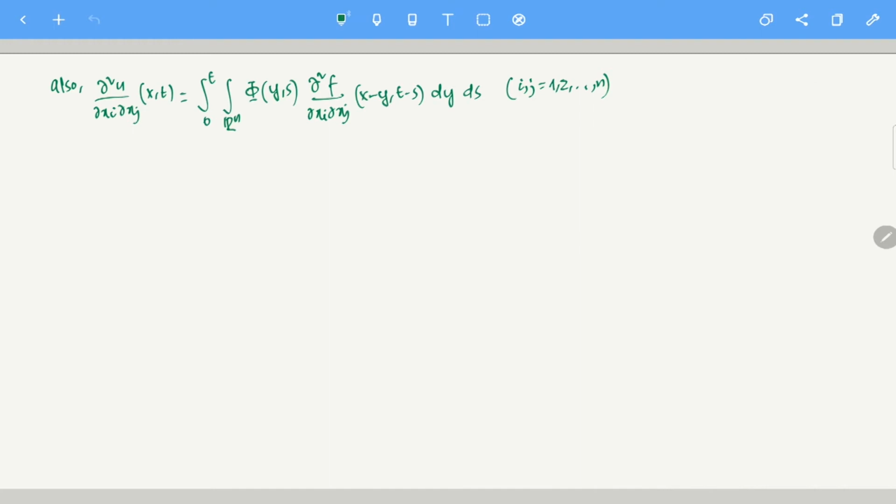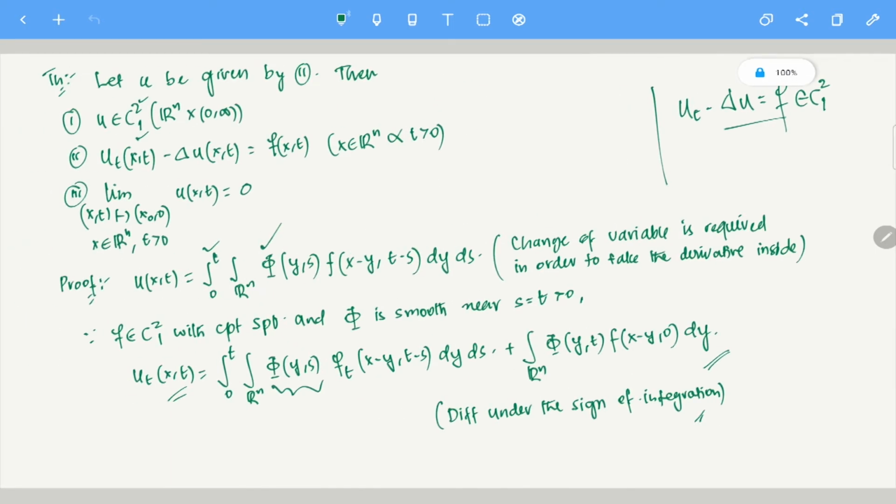Okay, so first thing first, the integral from 0 to t over Rn, that part is always there, and you just push the derivative inside, right? In the case of the second derivative also the same thing happens, with del squared f del x_i del x_j, right? Now we will have a boundary term here. So the derivative in u_{x_i}, if you are going to take, will be with respect to this variable, right? Integral over Rn, this variable. Okay, 0 to t will be there, but with respect to this variable. But you see, there is a trick here.